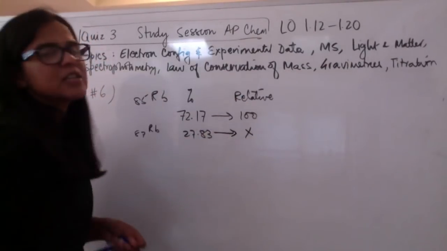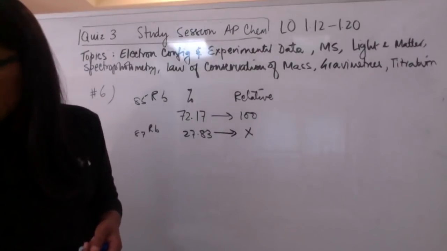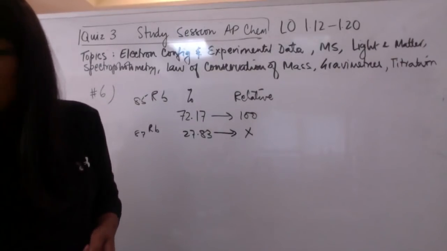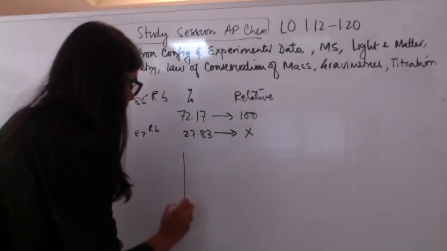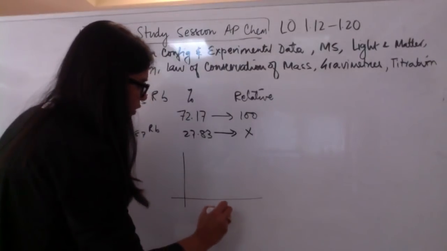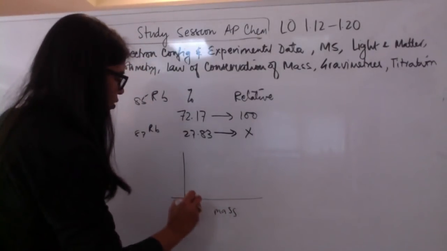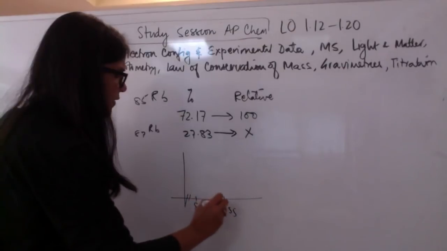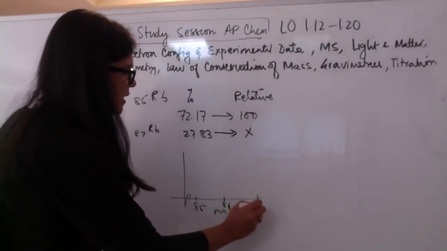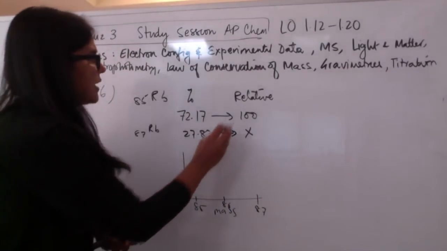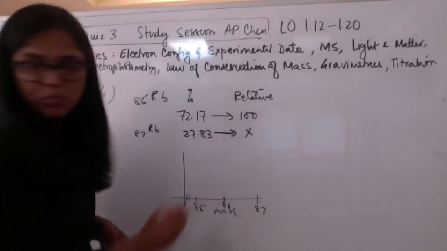So once you get the relative abundances, then what you're going to do is plot it on the graph. And on the x-axis, you will put mass. So 85, and I'll enlarge it between 86, 87, and then the relative abundance, whatever you get.